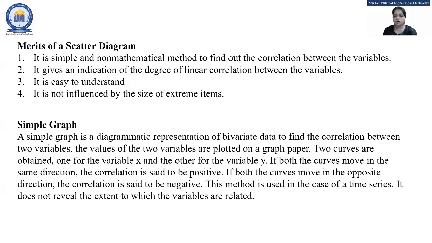If both the curves move in the same direction, the correlation is said to be positive. If both the curves move in opposite directions, the correlation is said to be negative. This method is used in the case of time series, and it does not reveal the extent to which the variables are related.